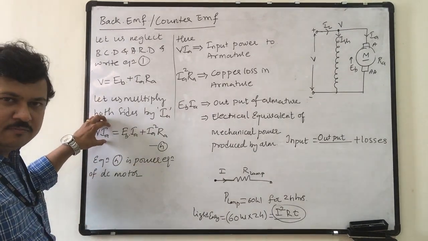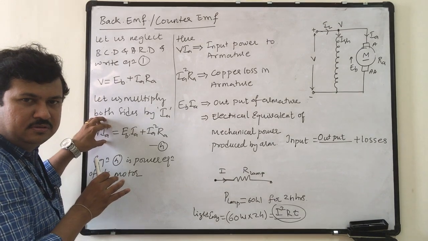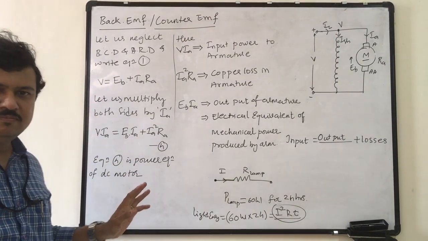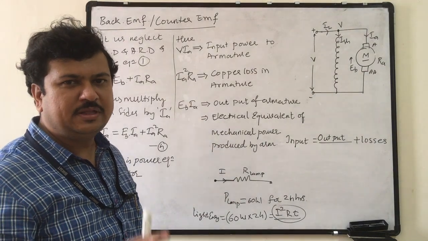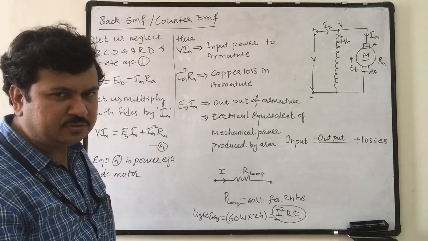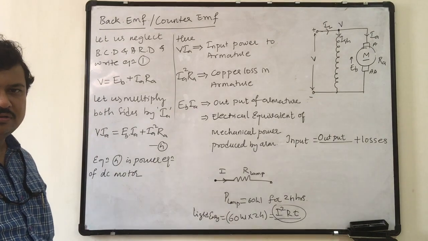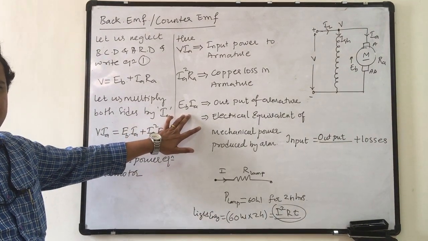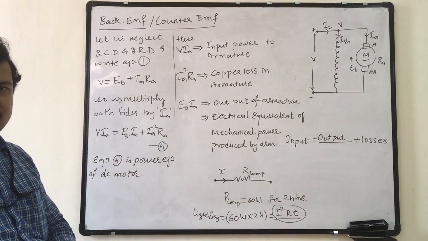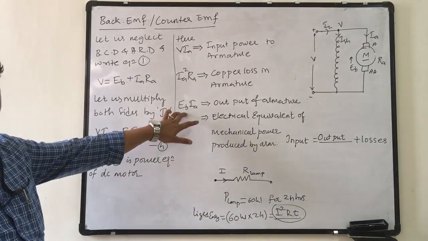I have input power, I have losses. So the remainder is output, simple. So that is the output produced by the armature. And what is the nature of the output produced by the armature? It is mechanical output. Therefore, this electrical power EB into Ia is analogous to, or equivalent to, mechanical power.